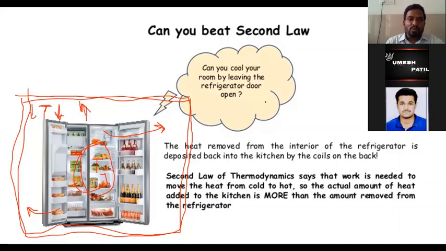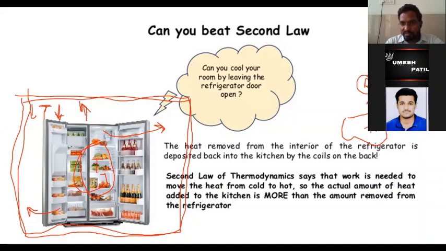So, to explain that one, suppose this is our refrigerator, okay? This is the actual body from where it is going to absorb heat Q2.